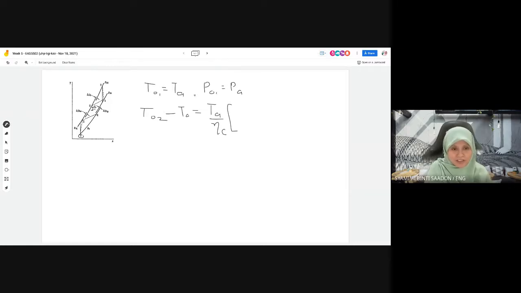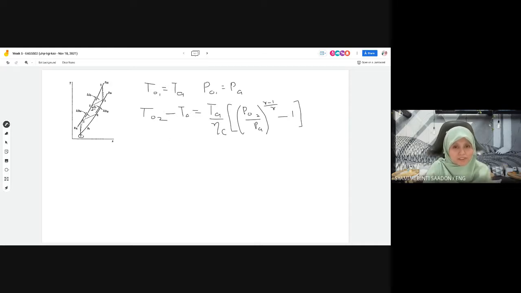Change the TO1 or total one to T ambient, because you already know the value of T ambient. And then PO2 over PO1, so it is PA. Gamma here we use 1.4, and then minus 1. Just copy from the equation.